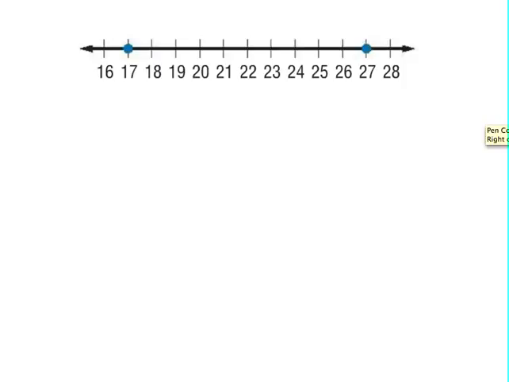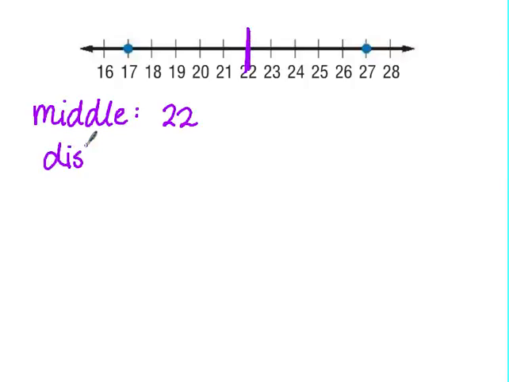So I've got 17 and 27. First thing I need to do is find the middle. Okay. So where's the middle going to be? And like I said, if we need to, we can use our fingers to count in. But where's the middle? 22. So here's my middle. Now I need to count the distance.